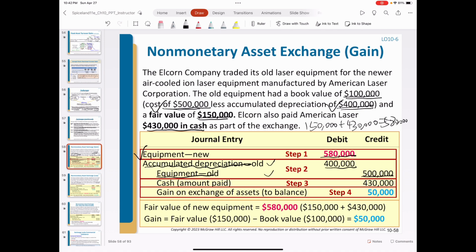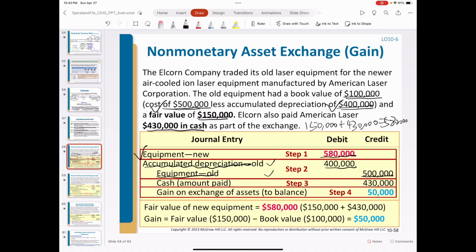Because the accumulated depreciation was a $400,000 credit, after the debit of $400,000 the balance will be 0. The old asset at cost was a $500,000 debit; after this journal entry's $500,000 credit, it becomes 0. So for accounting, these accounts are 0. Basically, these assets are removed from the books.